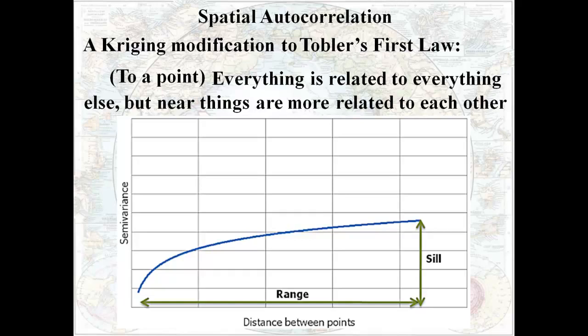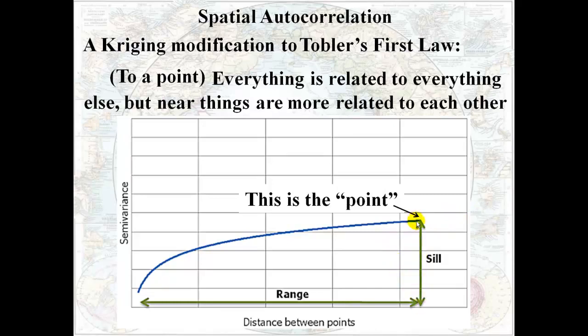Its value isn't going to be related to my point. So what kriging will do is it will have you select what's called the range, and within the range, points that are separated by this distance or less, then kriging says things are related according to this curve. After you get past this point in the range, things are just randomly related. There's no specific relationship between points.